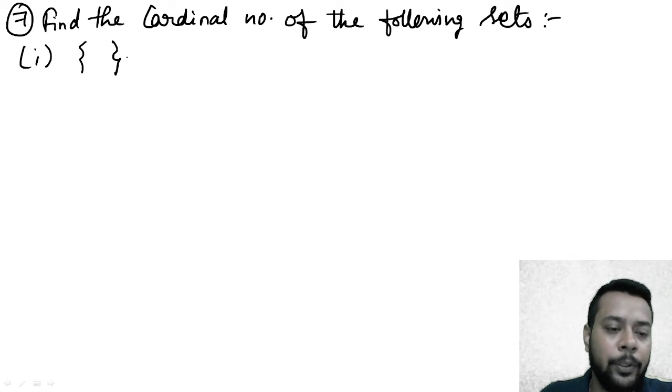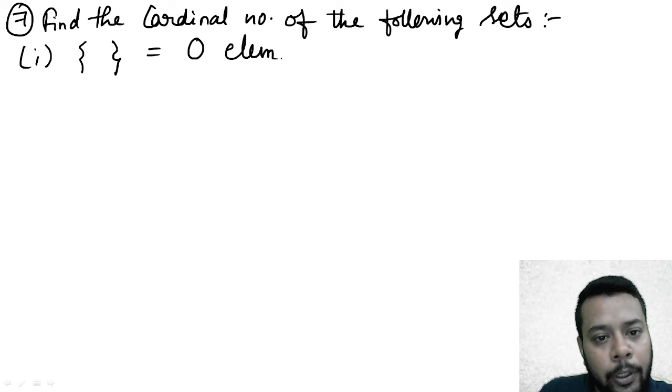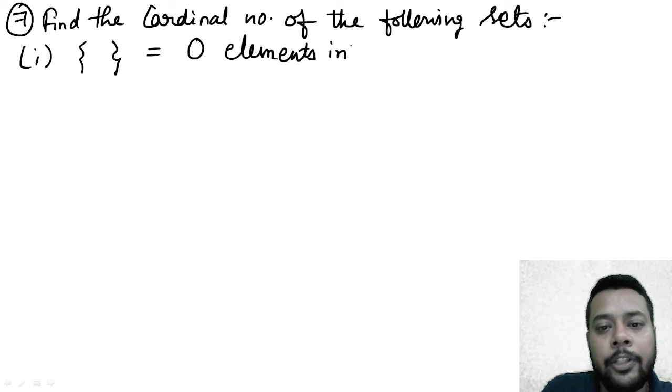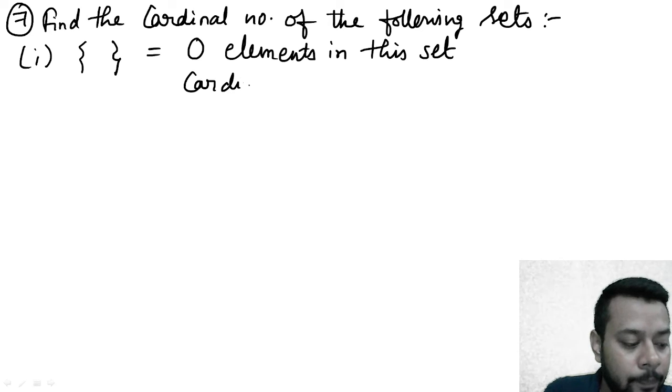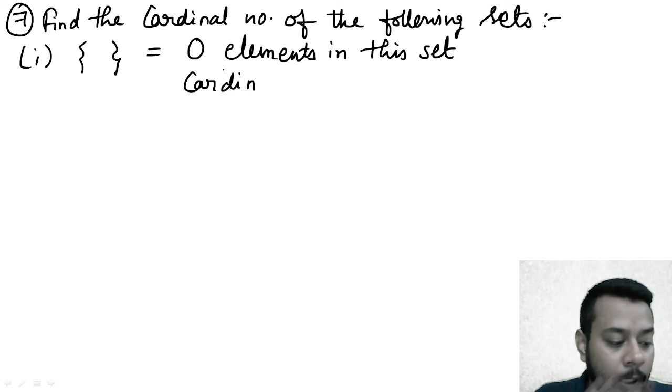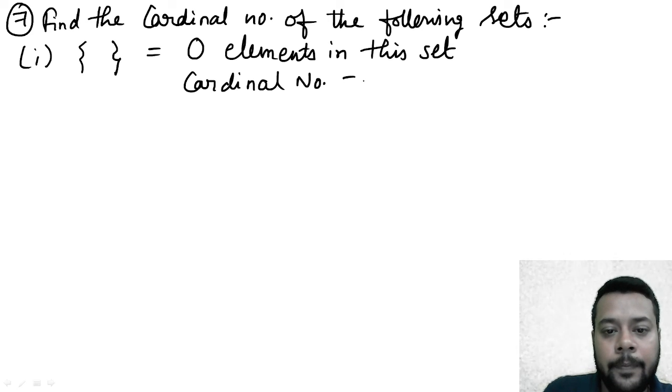We can clearly understand that there are 0 elements in this set, right? So the cardinal number will be 0 for this set.